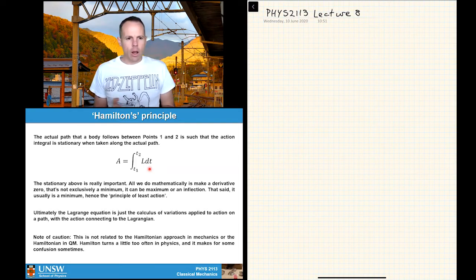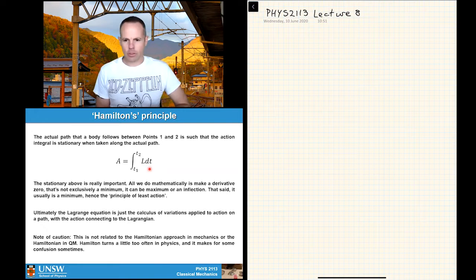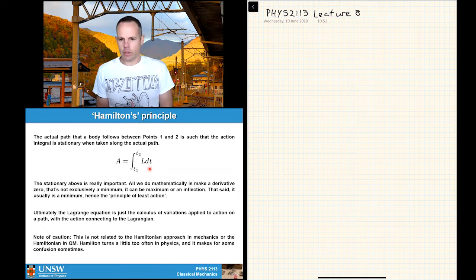Okay, one big observation here, and it's the main reason why I didn't use the name Hamilton's principle when I talked about it in lecture 3, is I want people to not get confused. At this point, a lot of people start to think, oh, there's a Hamilton's principle here, this must be connected to the Hamiltonian approach in mechanics, or to the Hamiltonian in quantum mechanics. It's absolutely not.